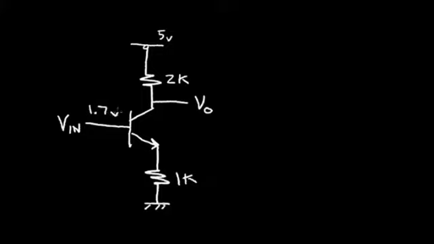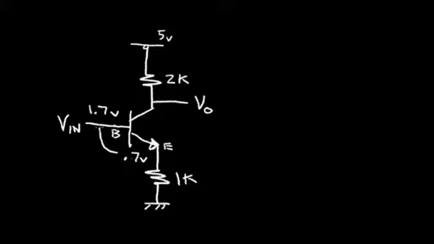1.7 volts. Now we know that this NPN transistor forms a diode from the base to the emitter terminal. And we know that the approximate forward drop in this base emitter diode is a rule of thumb about 0.7 volts.